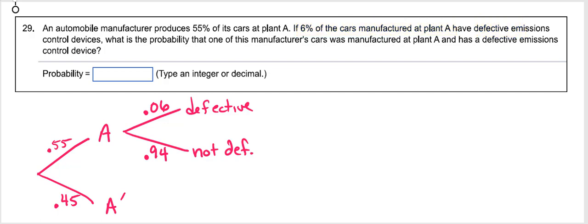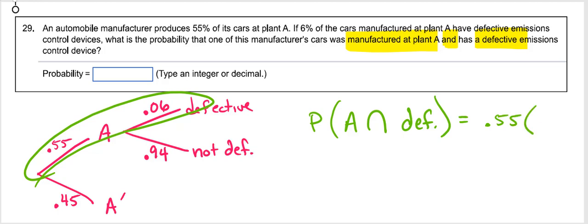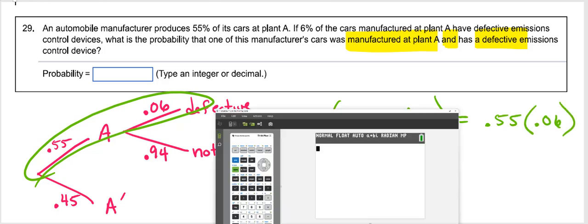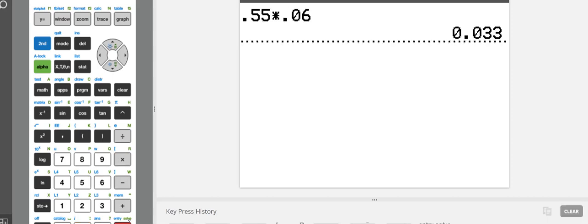Okay, so the question, what is the probability that one of these manufacturers' cars was manufactured at plant A and has a defective emissions control device? So you're wanting to find the probability of A and defective. To do that, we just multiply the branches on the tree. So that's 0.55 times 0.06 is 0.033.